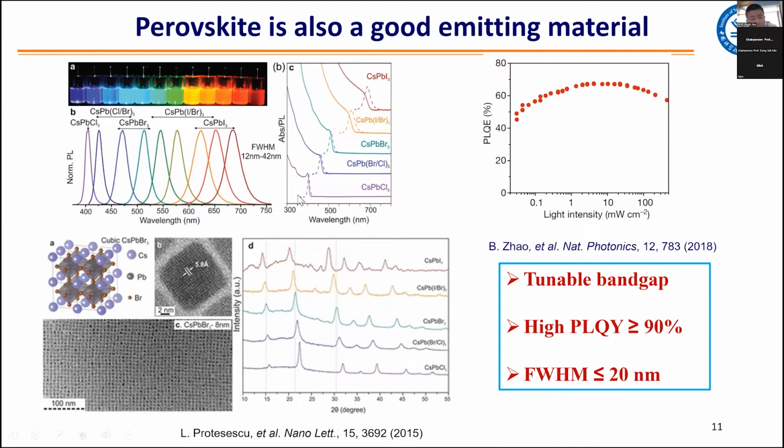These materials also show very good emitting properties, such as a tunable band gap and a very high PLQY, close to 100%. The emission width is very narrow, less than 20 nanometers. It is very good for high resolution and bright emission.